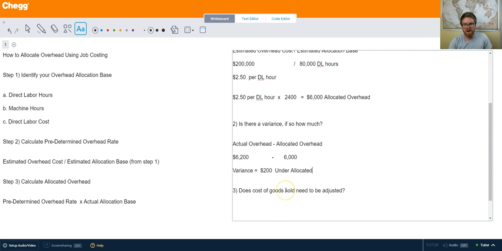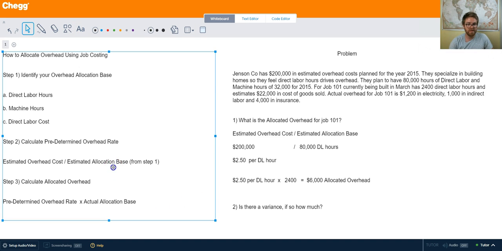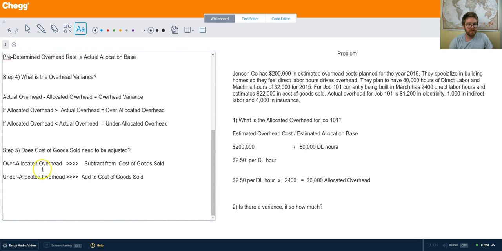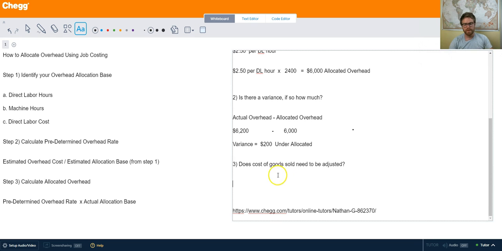Then it asks, does cost of goods sold need to be adjusted? Well, if you remember on the left here, overallocated overhead you subtract from cost of goods sold, underallocated you add. So on the right side here, we determined that it is underallocated by $200.